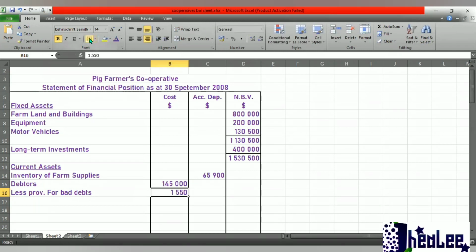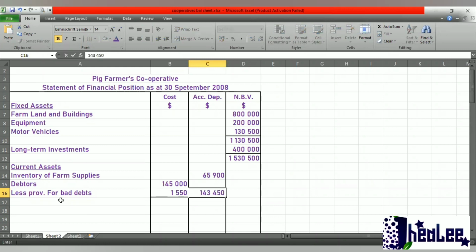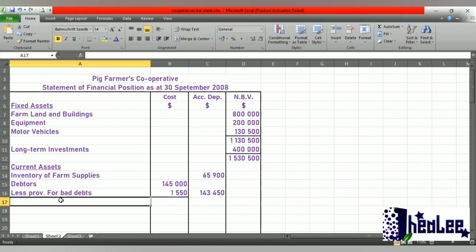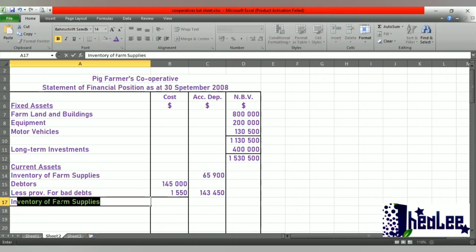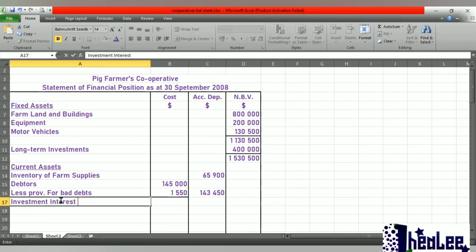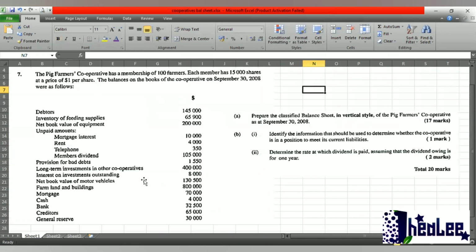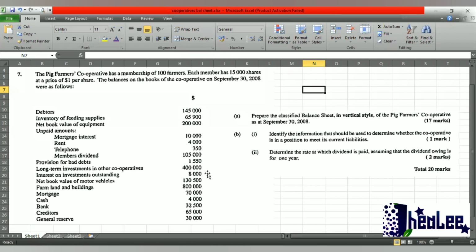When we find the difference between those two, the value that we have remaining is $143,450. Our next item for the current asset would be the investment interest that is owing. So that is investment interest owing, and the value for the investment interest owing is $8,000.